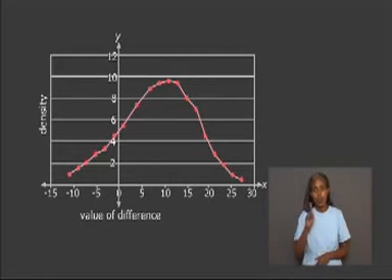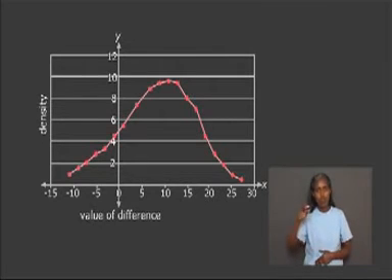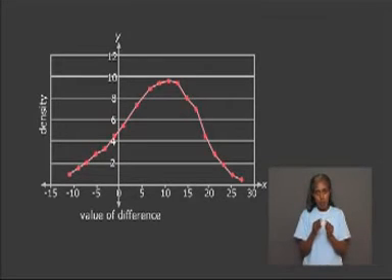One type of frequency curve is called an ogive. An ogive is a cumulative frequency curve. To draw an ogive, you need to use a cumulative frequency table.